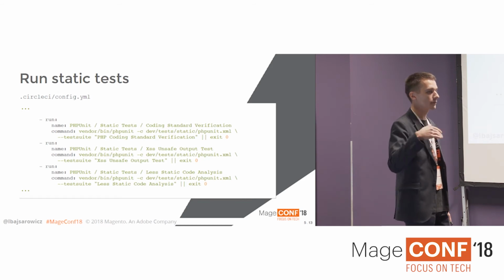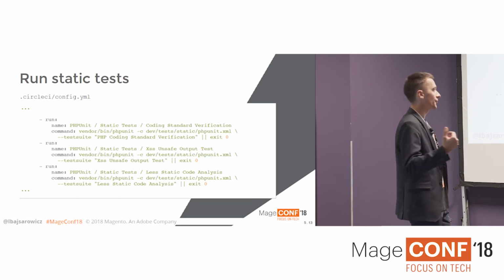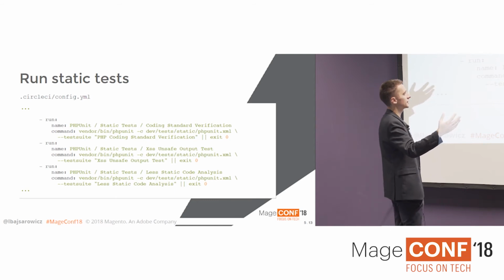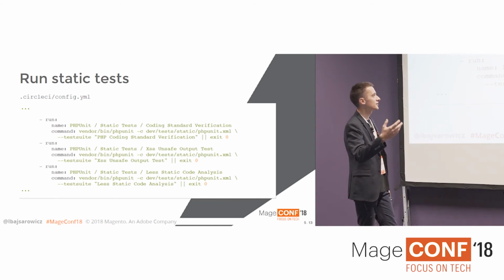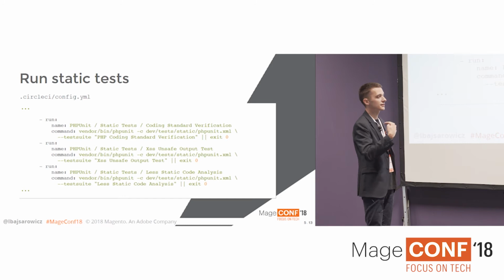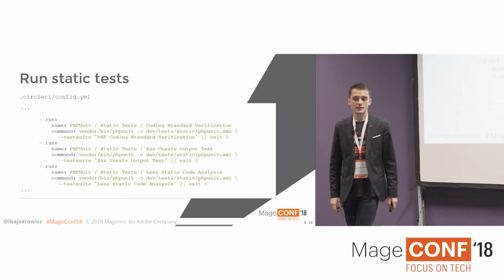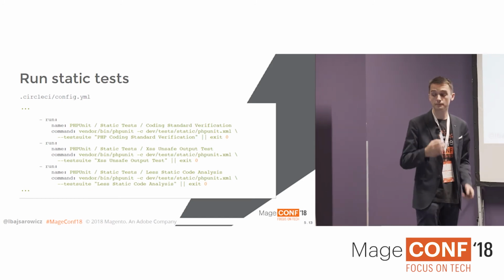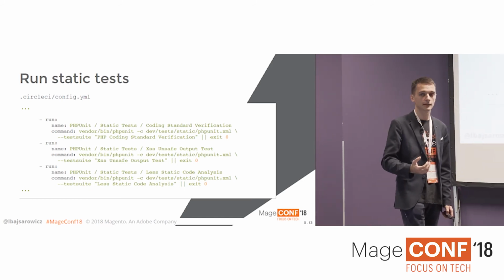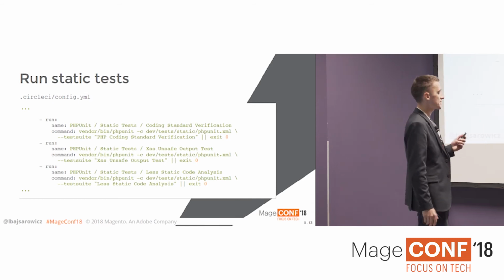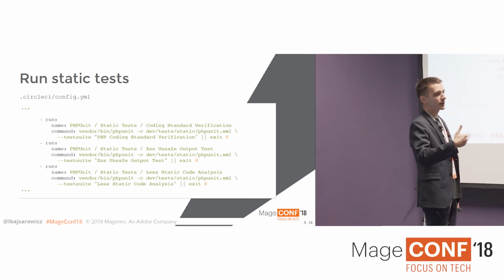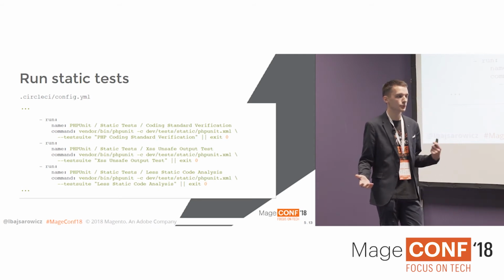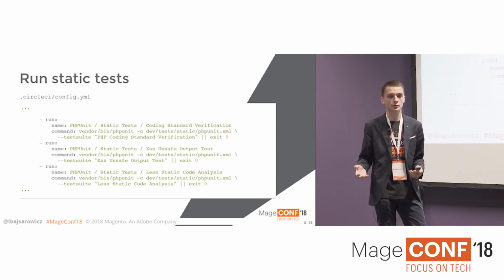I want to have this information in the build history. So I just run these commands, phpunit, dev test, static phpunit, and then I select the specific test suites. But instead of breaking the step with the fact that the build is broken, I just do the logical OR exit 0, which is like saying to CircleCI that this command ran properly.